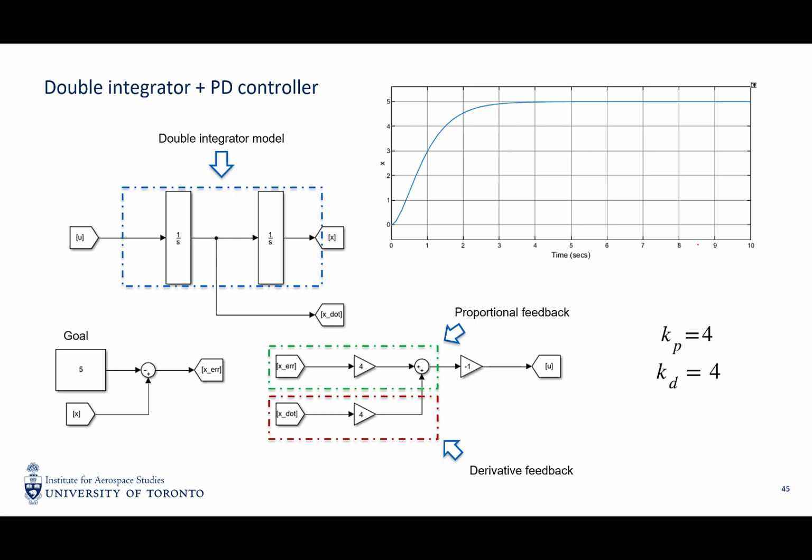Before that, we take a look at this very simple double integrator system. 1 over s is the integrator, so we integrate twice to convert the U into the acceleration. In the middle, we have the V, or X dot. So this is X, this is X dot, and this one is U.